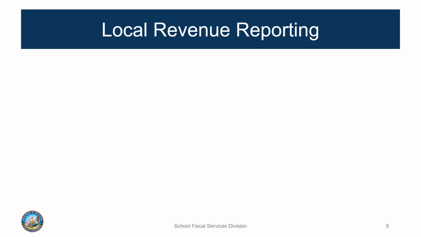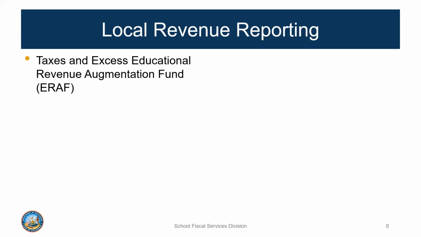Local revenue is what we use kind of as a collective term for what was just taxes in the past, because we now have the taxes data entry screen and the fairly new Excess Educational Revenue Augmentation Fund, Excess ERAF, data entry screen.